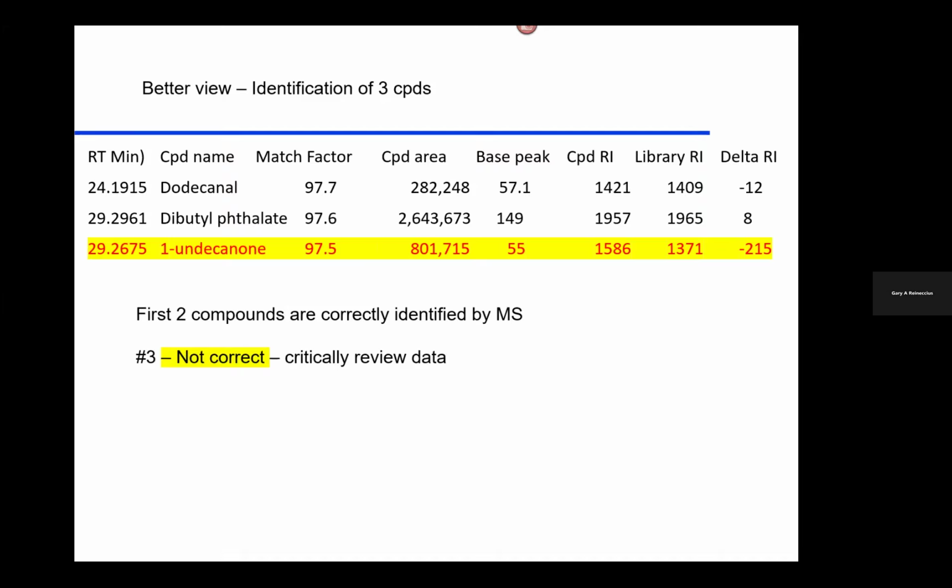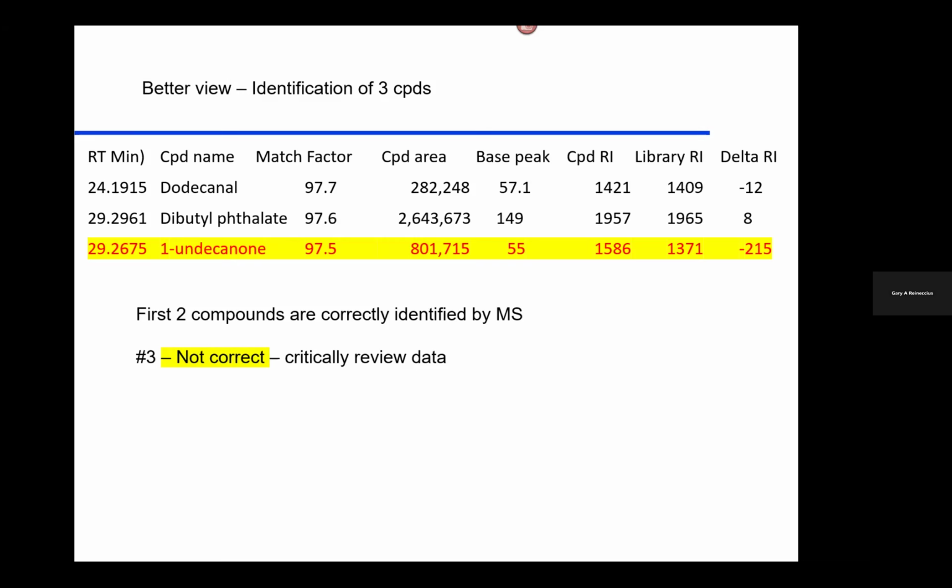Areas depend on how much is there, so you may want to know that, but it's not helpful in terms of looking for a good or correct fit. The base peak is your most abundant ion, and you also consider that when you look at the spectrum and try to make an identification. What's the most abundant? Is it a good fit? Is it what it should be or not?